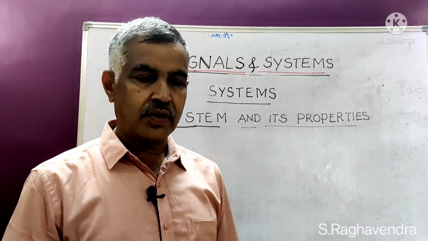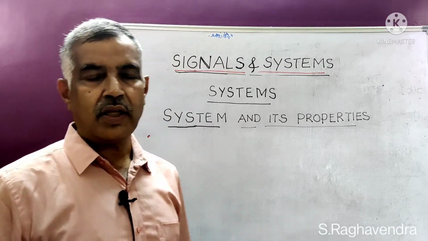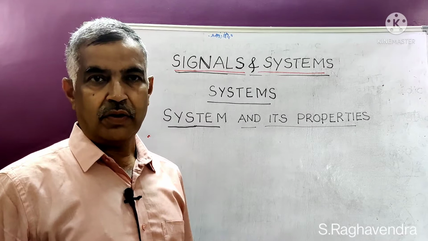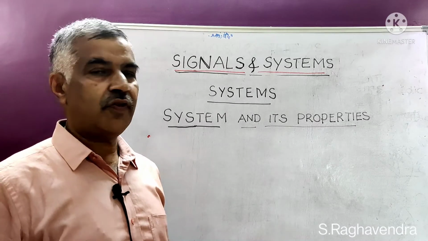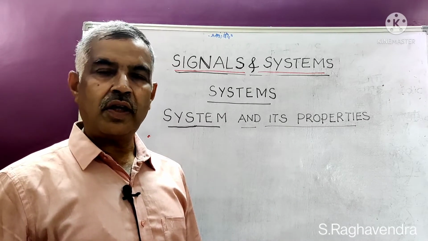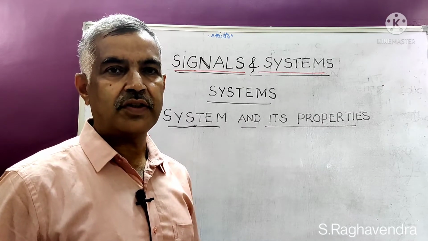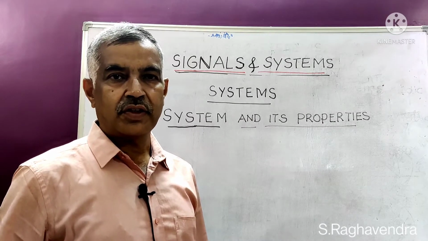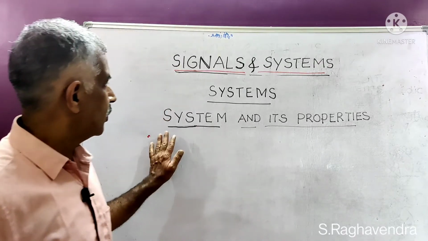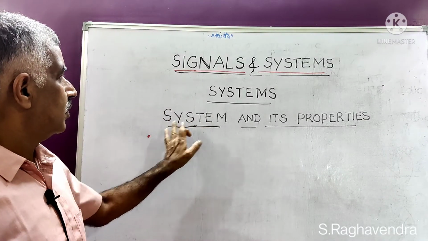Signals and systems are very much interrelated. They're like fish and water. There is no separate existence for fish without water, and for water also fish is very essential as far as its cleanliness and purity are concerned. So very much similar.